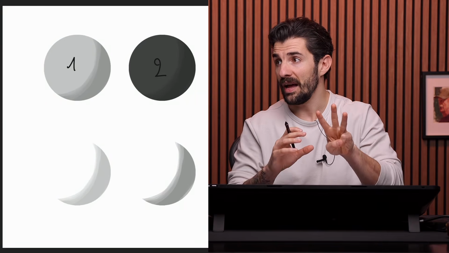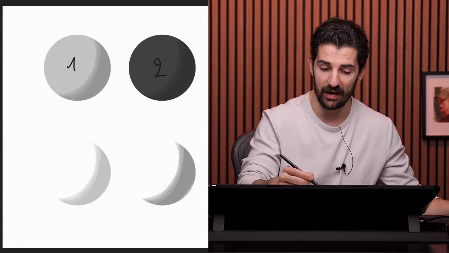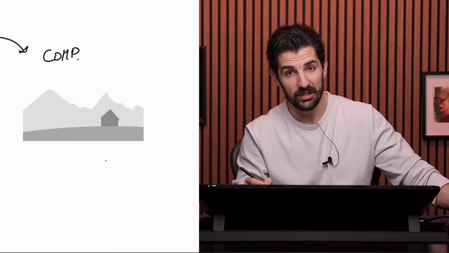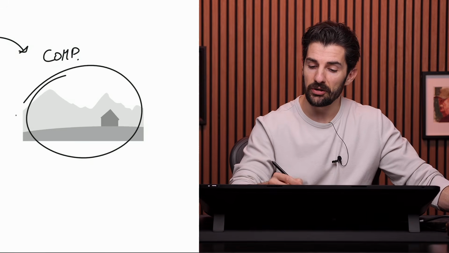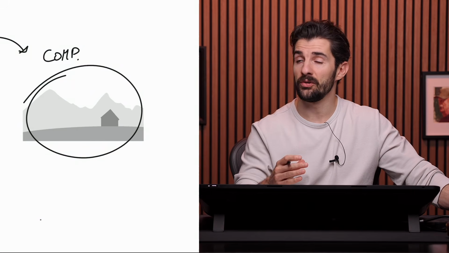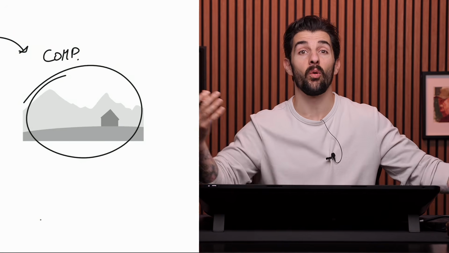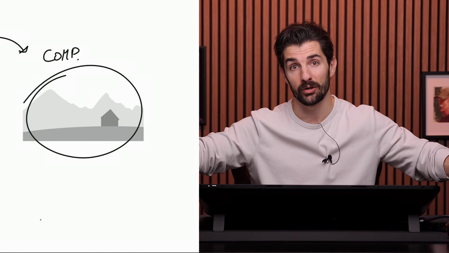Now, the third value category that I identify is compositional value. And compositional value, as the name suggests, is basically the interplay or placement of values within our canvas that have a certain purpose. Almost always it's to draw the attention of the viewer or to have the viewer ignore those places.